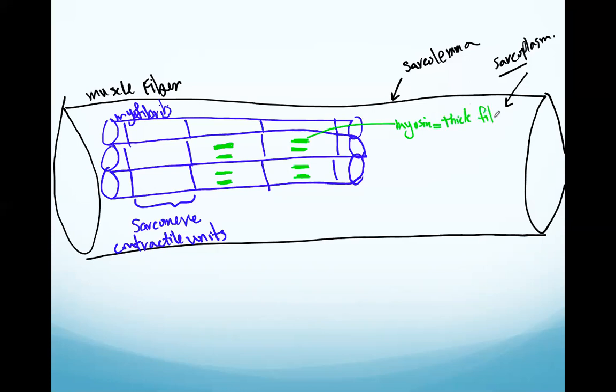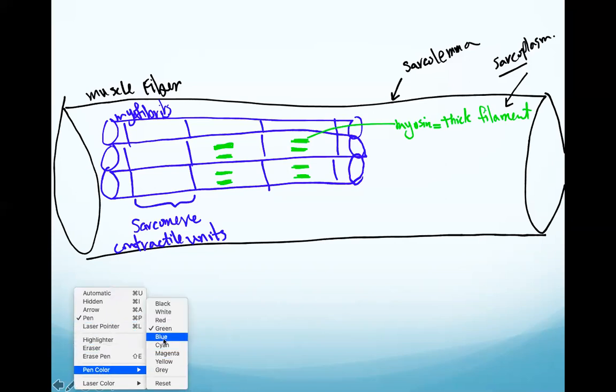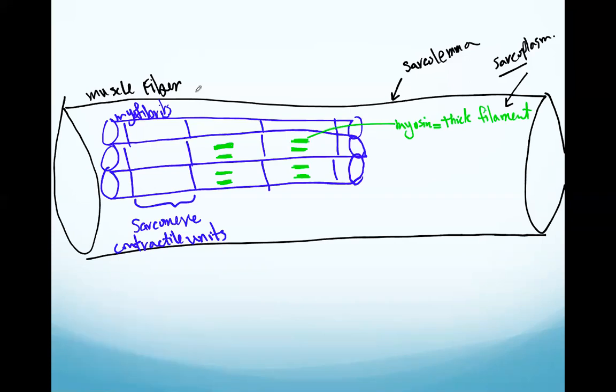And I'll tell you why they are thick, or in relation to what they are considered thick. So the second type of protein that we have in here is actin. Notice again the thickness of the actin and myosin.